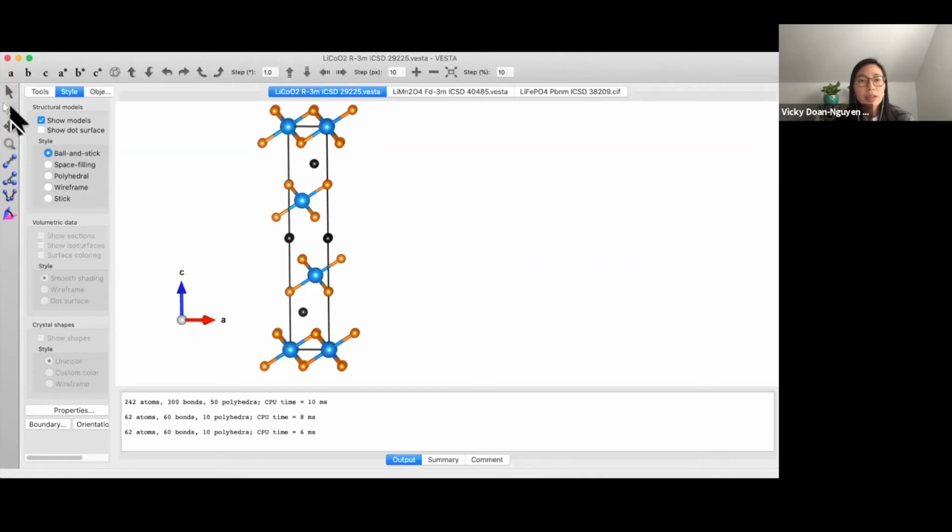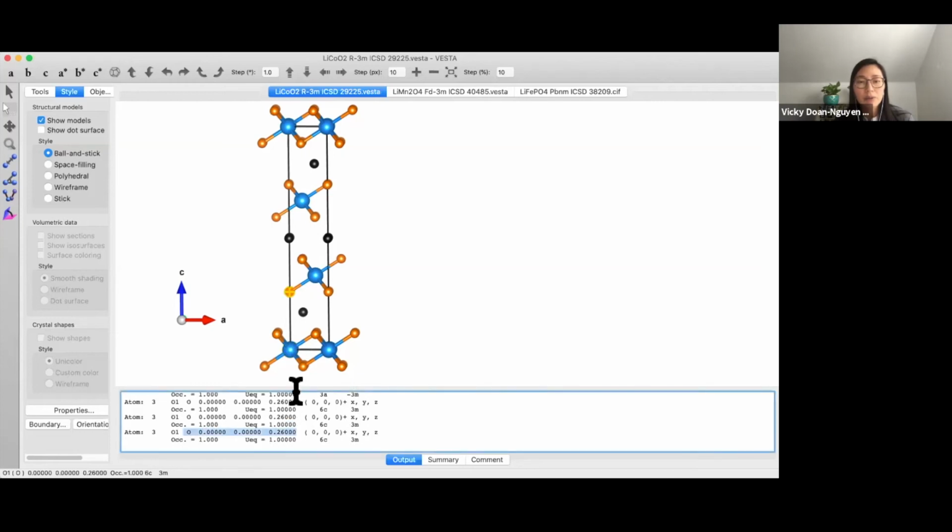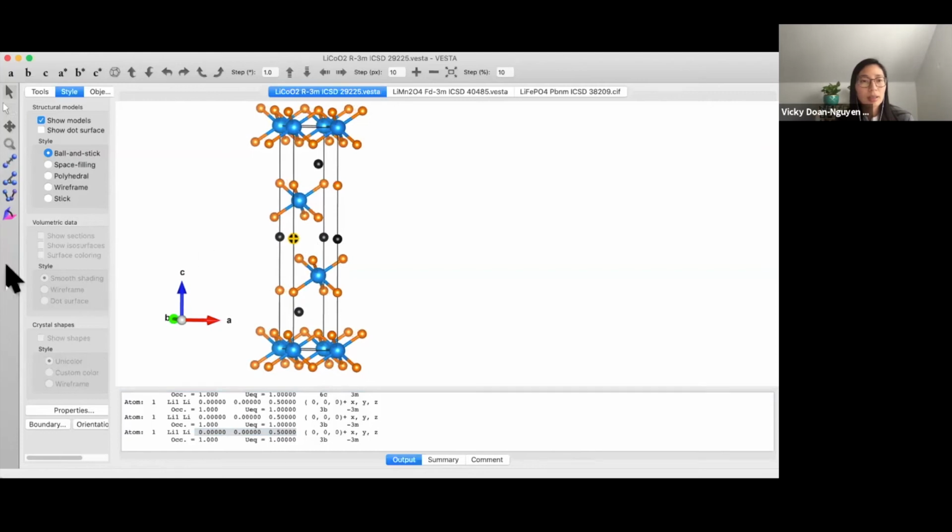So you can see here that cobalt is at 0, 0, 0, oxygen is at 0.26, and lithium is at 0, 0, half. Okay. So you can see where that is in the unit cell.